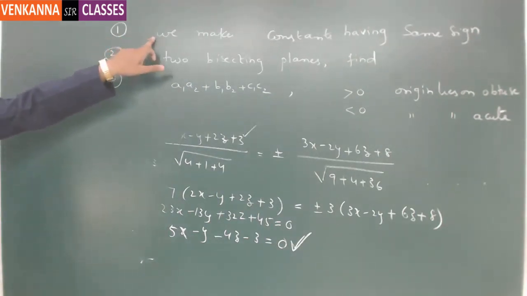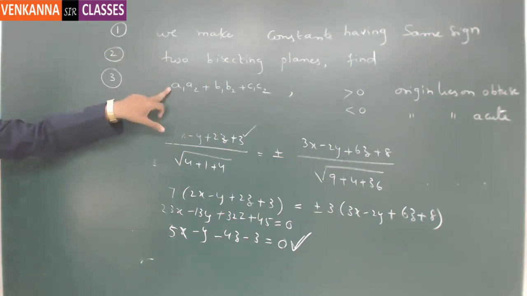So after making the constants in the given planes positive, we calculate a1a2 plus b1b2 plus c1c2. If the value is greater than 0, origin lies on the obtuse angle side. If it is less than 0, origin lies on the acute angle side.